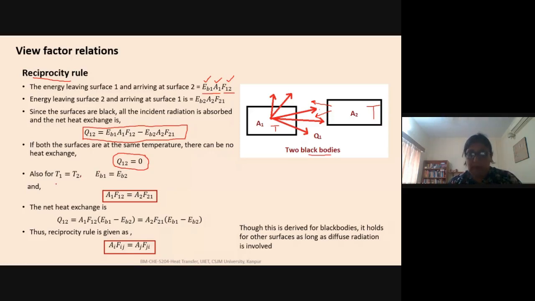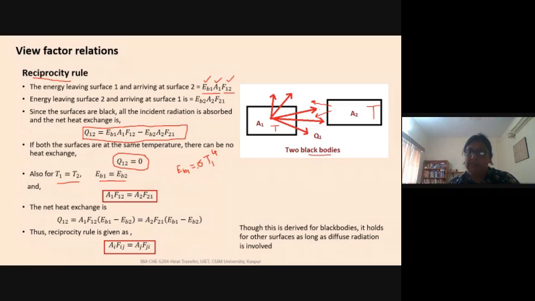So when T1 is equal to T2, EB1 will be equal to EB2. Why is that? Because if you still remember, EB1 is sigma T1 to the power 4, and EB2 will be sigma T2 to the power 4.